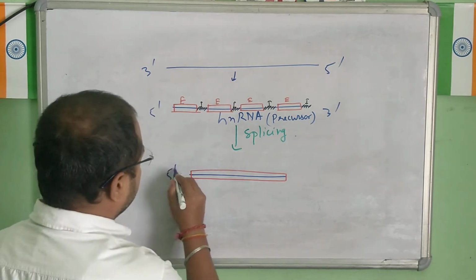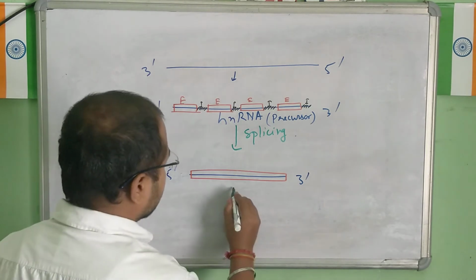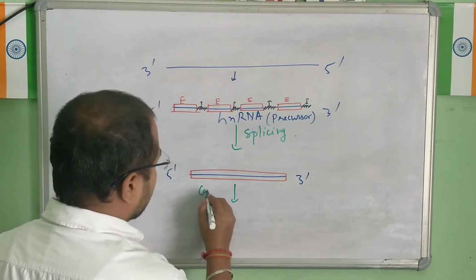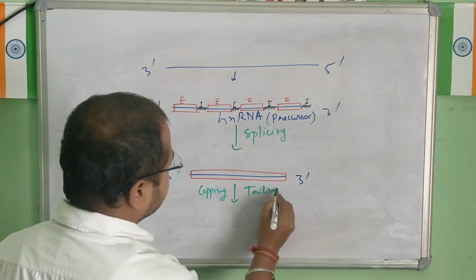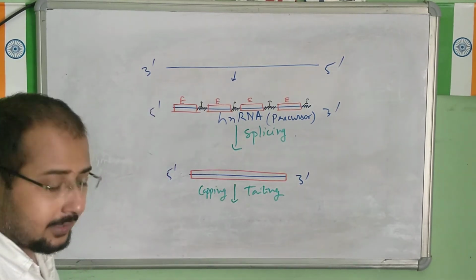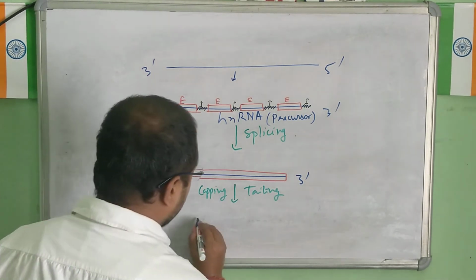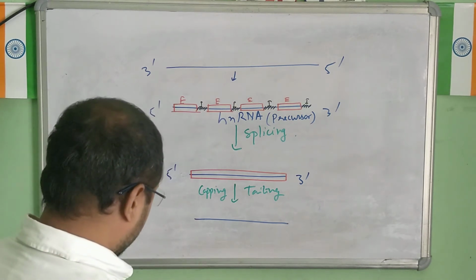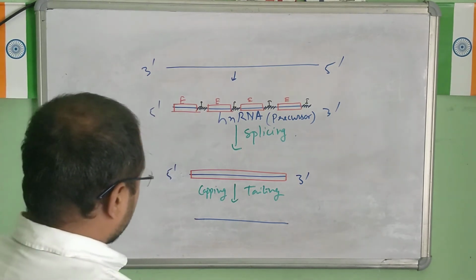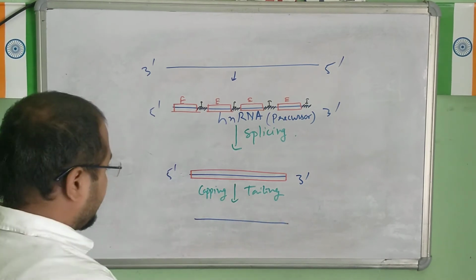Polarity has to be there. Now this will undergo one more process known as capping and tailing. Capping and tailing. What happens here? Here the strand will be there, where I am not showing the exons anymore because the exons are already in the strand now.